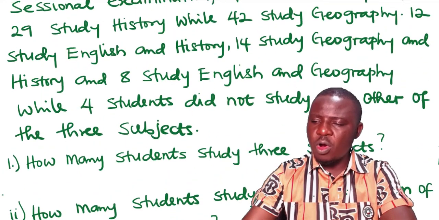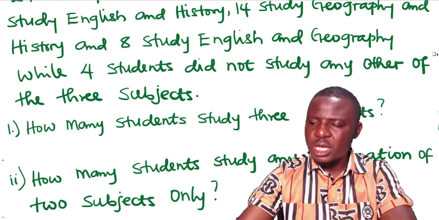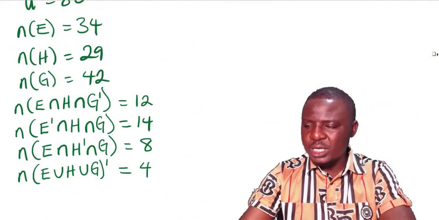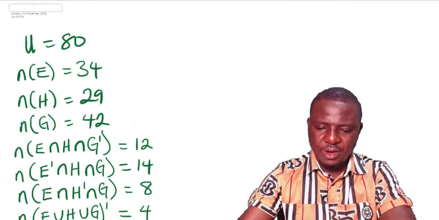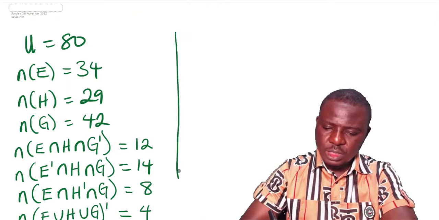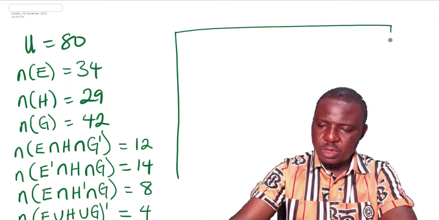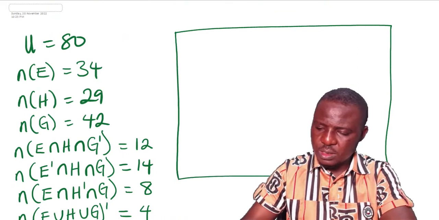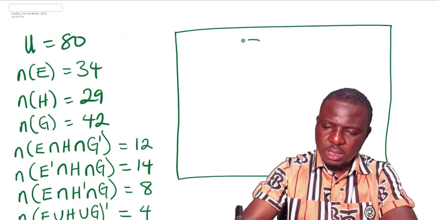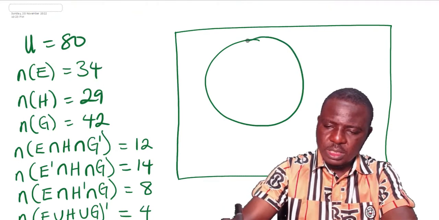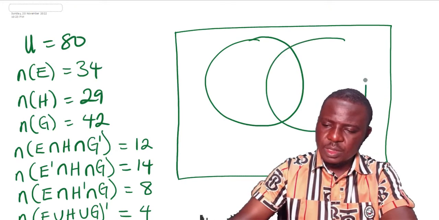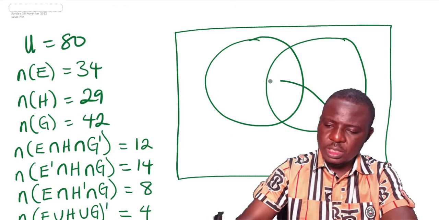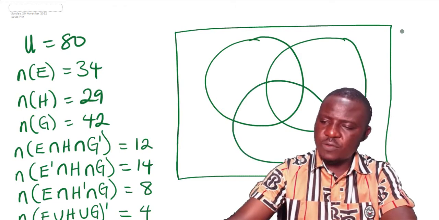So, before we go ahead in solving this, let's represent this using the Venn diagram. Now, this will be a universal set. And this will be English, history, and geography.